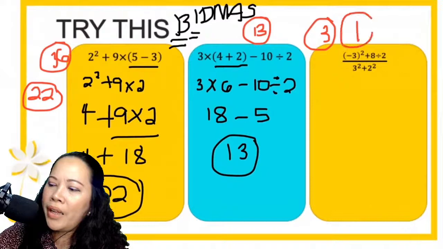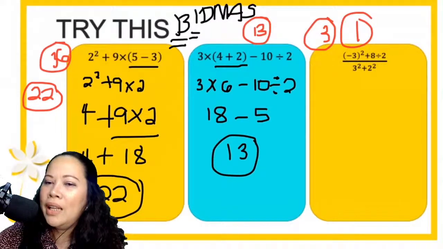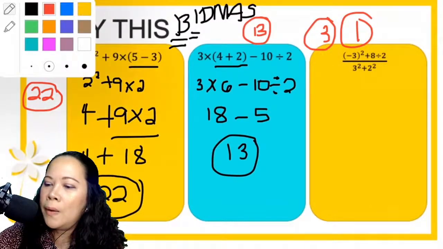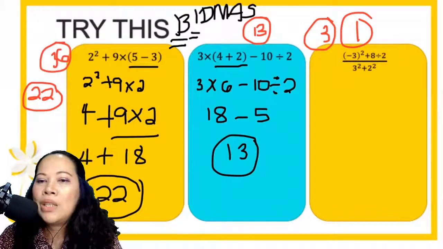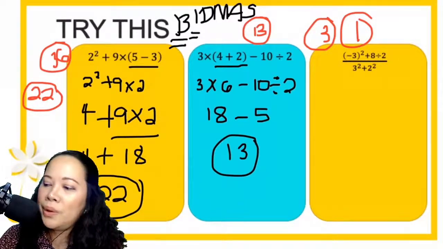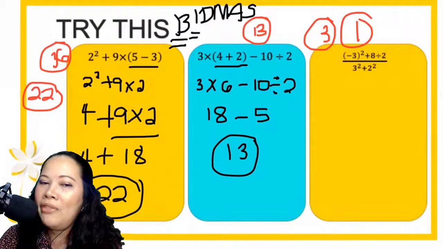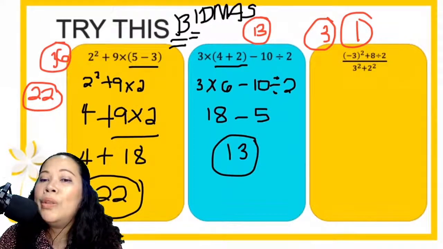Okay, the last answer, number 3, is 1. Okay, not 3, it's 1. Let's write it down. So again, we follow the rule. Negative 3 squared: if there is a negative inside your bracket, you include the negative sign.